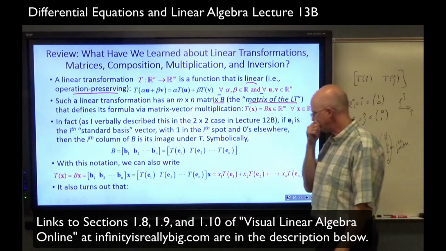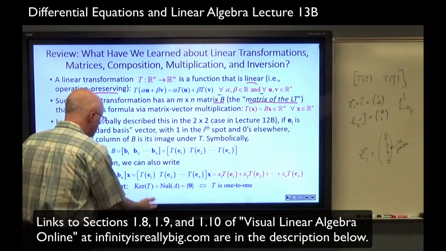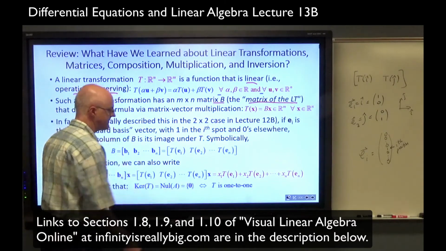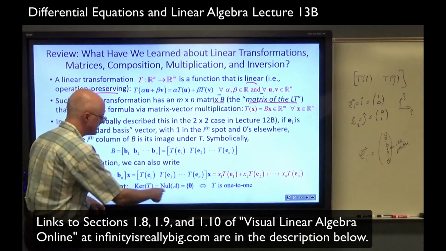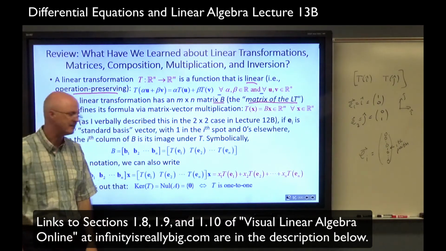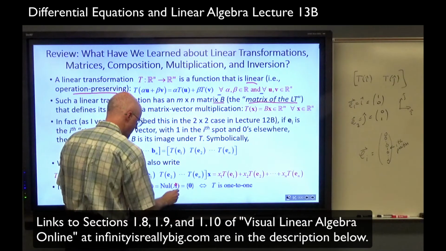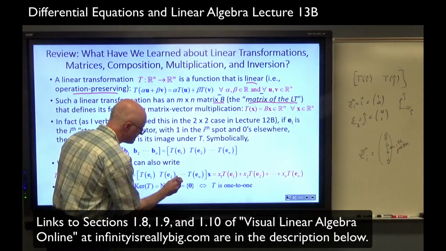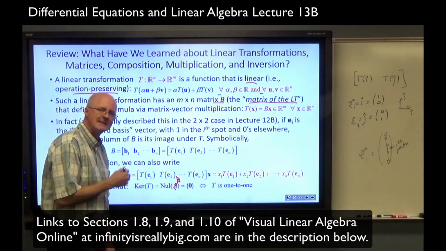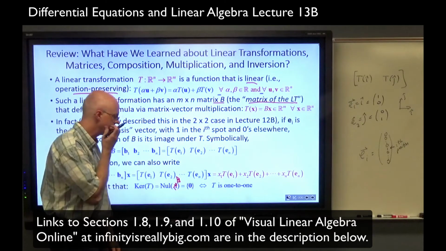It also turns out that, as I've mentioned verbally, the kernel of T is the zero vector if and only if T is 1 to 1. Oh, and I should have called it the null space of B there instead of null space of A. I did mention the null space before. It's the same idea. The kernel of T is the set of everything that gets mapped to the zero vector.